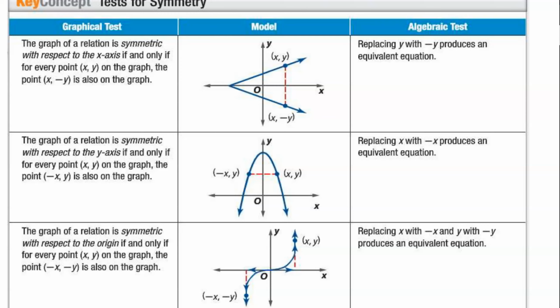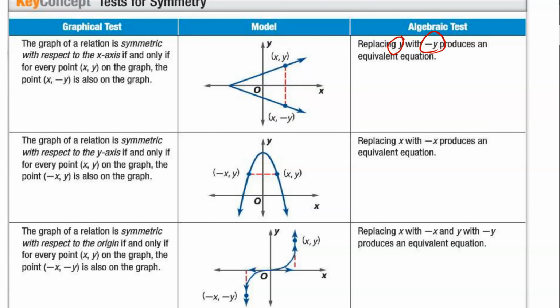So the first one is symmetric with respect to the x-axis. So notice that if you replace y with negative y, you have an equivalent equation. So literally, if you have the same x, the equation will have x comma y and an x comma negative y.